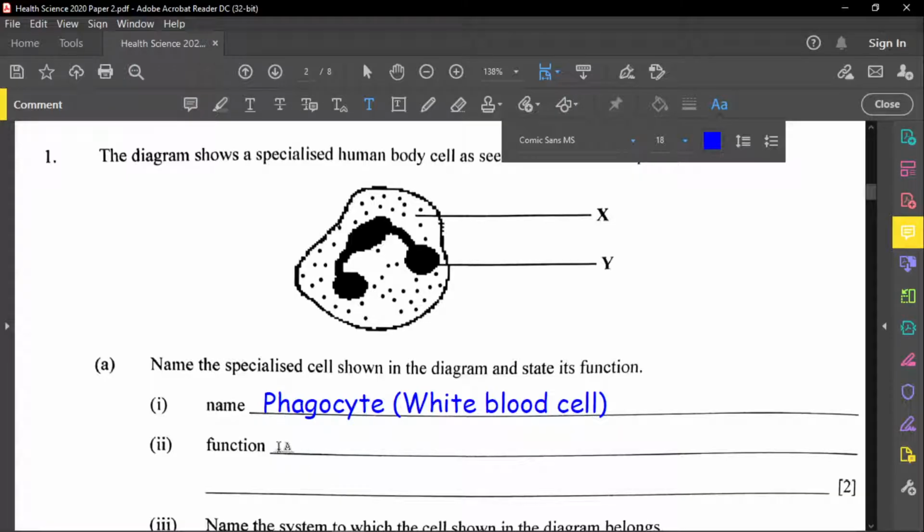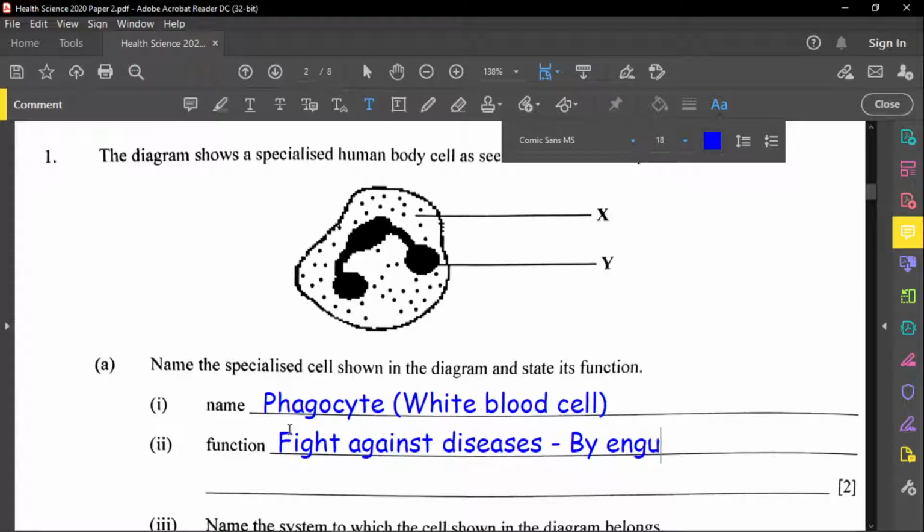This is to destroy microorganisms or to destroy pathogens, right? So this will kill and destroy. It's to fight against diseases. That's a general function, but how it does this is by engulfing.